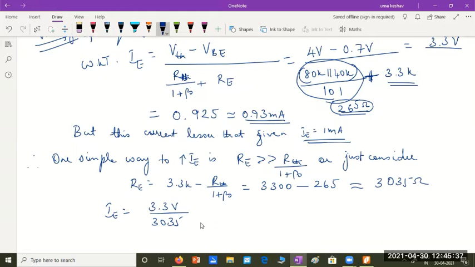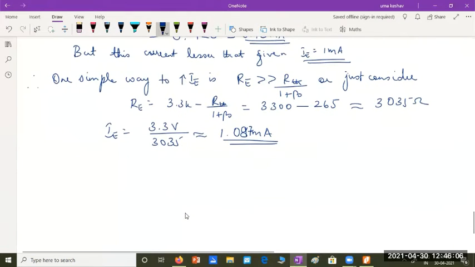How much would this be then? Will I get 1.087 milliampere? Okay, 1.087 milliampere, which is a little more than the estimate. Almost closer, but a little more than that.